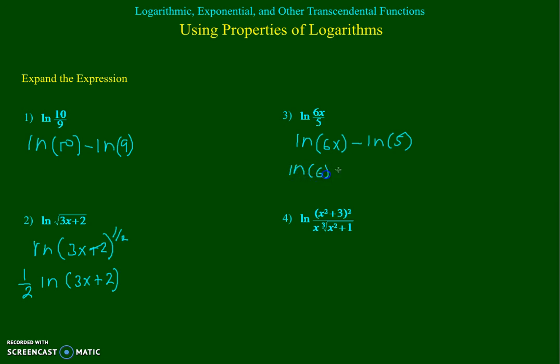That's the natural log of 6 plus the natural log of x minus the natural log of 5. All right, fairly straightforward. Now let's finally consider expression 4. Go ahead and pause the video and see what you come up with.